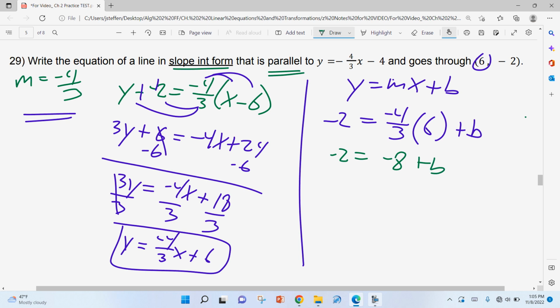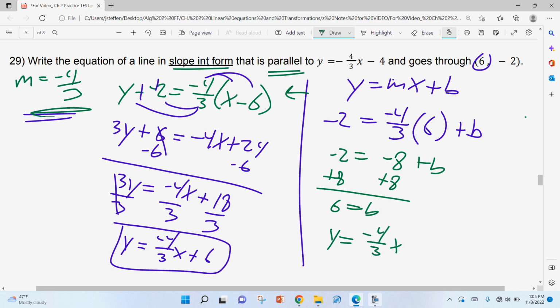If you don't know how I got that, and you don't know how to use a calculator, I would not do it that way. I would use point slope form. Add 8. That ends up giving you 6 is equal to b. So again, now we rewrite -4 over 3x, again, the same slope we started with, plus 6, what we just found. Whoops, that should be a 6, not a b.